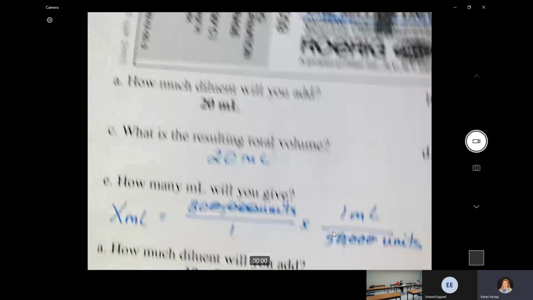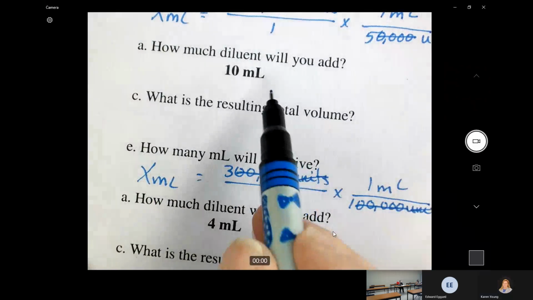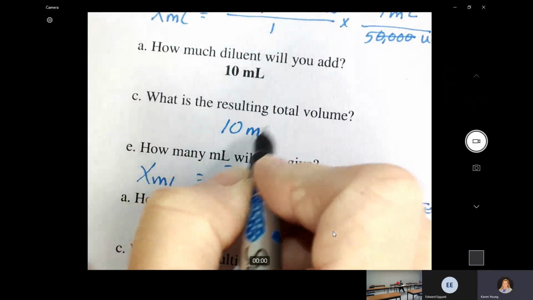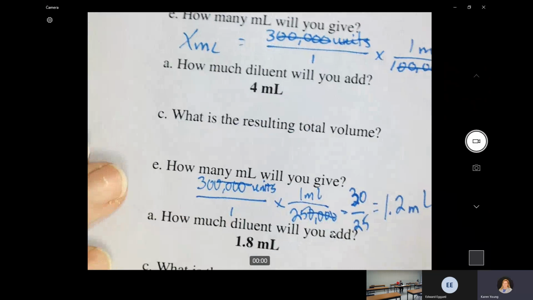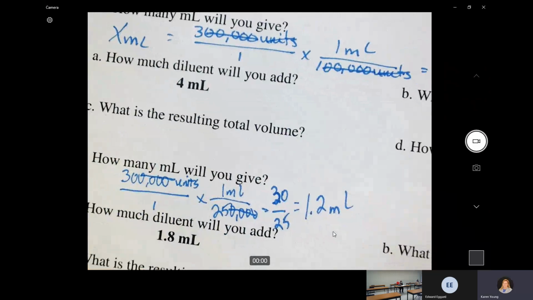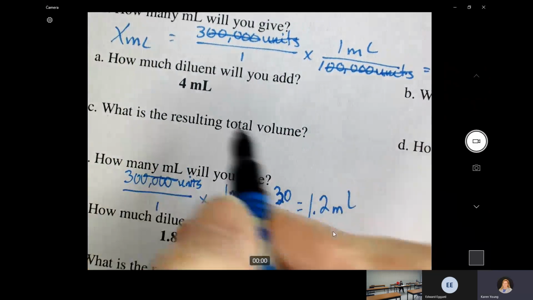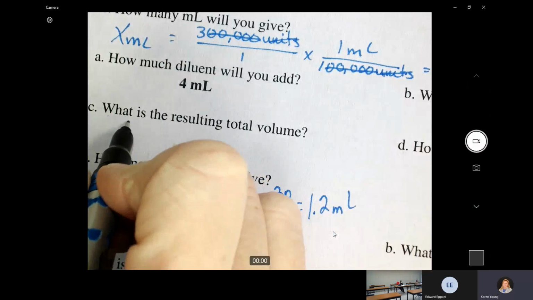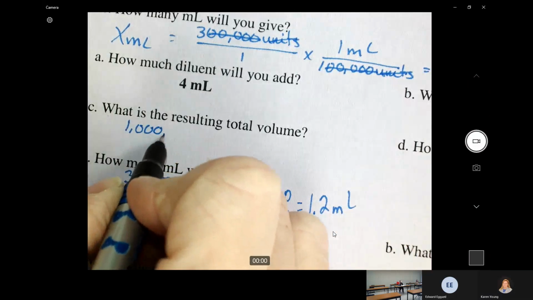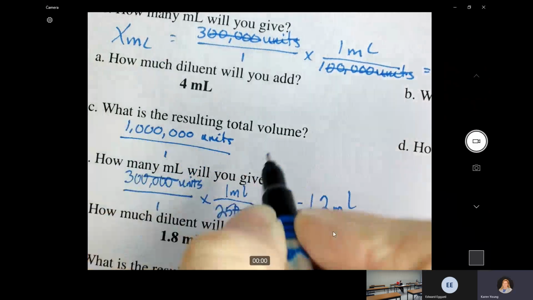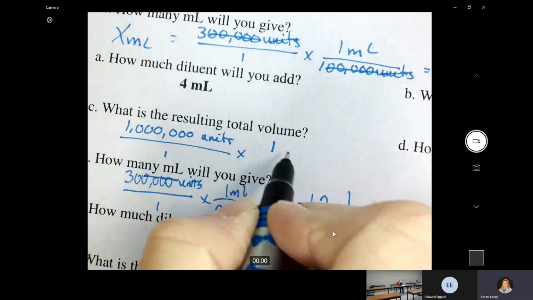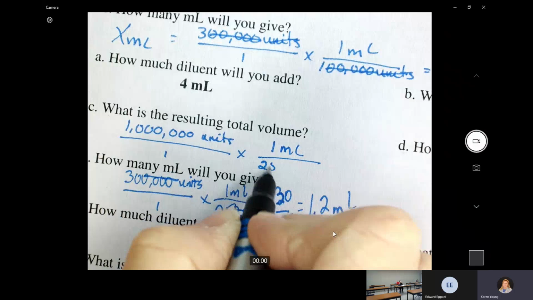And I'm just going to tell you these. The 10 milliliters, I'm going to have 10 milliliters of volume. Now the 4 milliliters, I think it's 4 milliliters, but I'm going to work it just to make sure. I have 1 million units over 1 times 1 milliliter over 250,000.